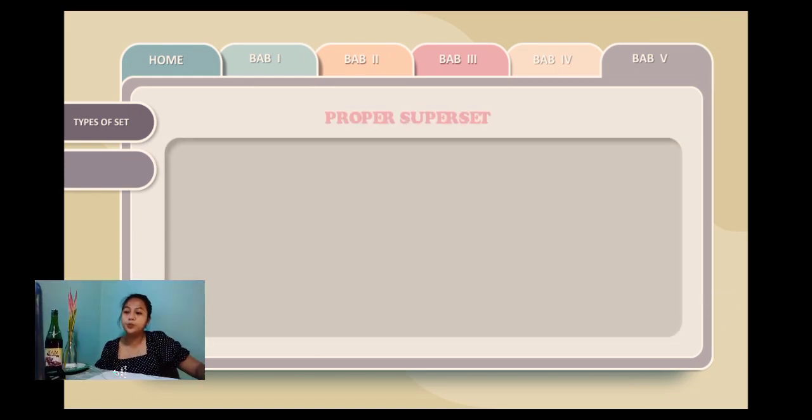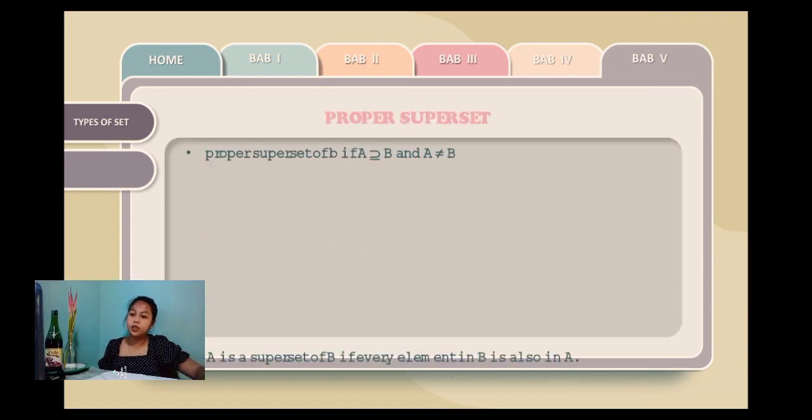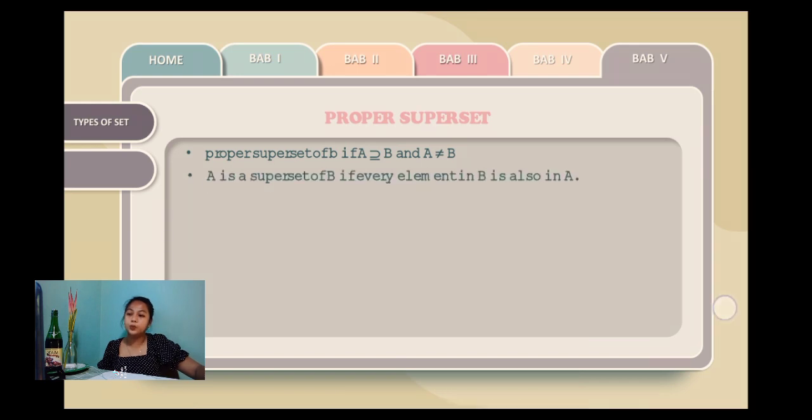A proper superset: A is a proper superset of B if A is a superset of B and A is not equal to B. A is a superset of B if every element in B is also in A. A is equal to 1, 2, 3, 4, and 5. B is equal to 1, 2, 3.